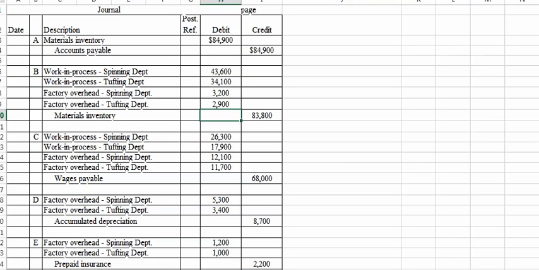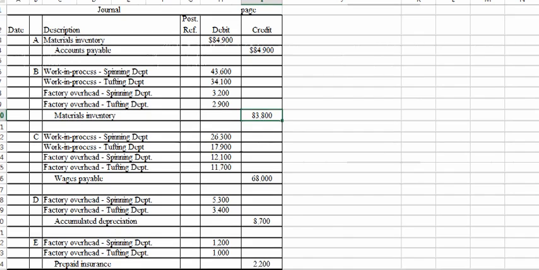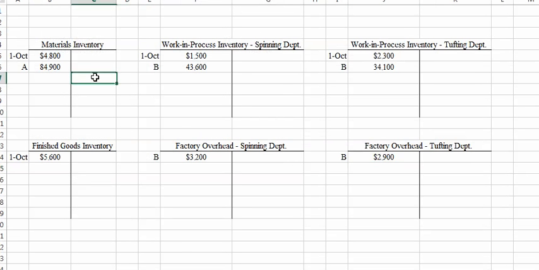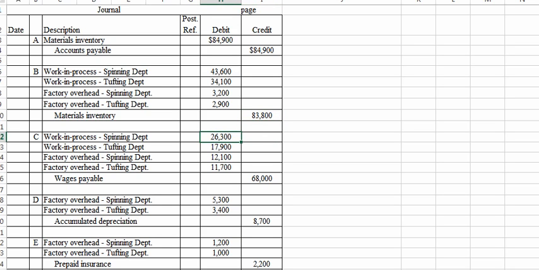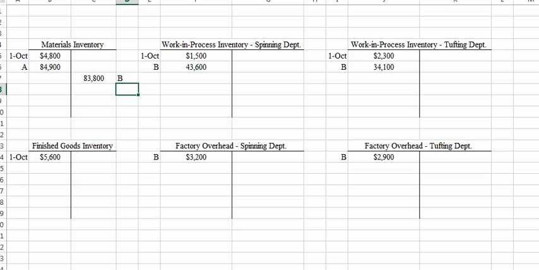Then we will credit materials inventory for the 83.8 on B. Then we've got a debit to work in process spinning for 26.3 on C.